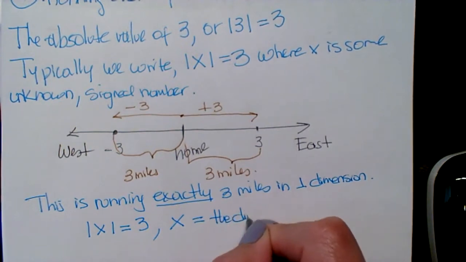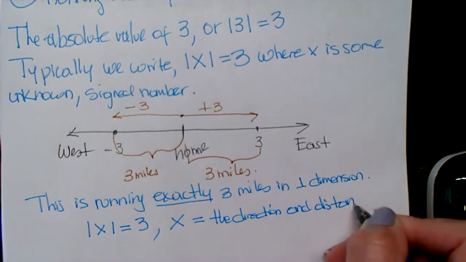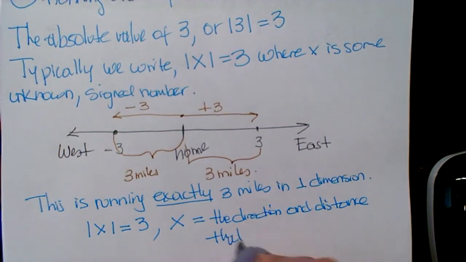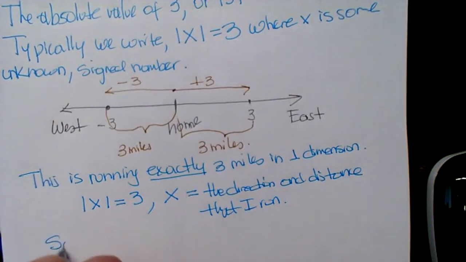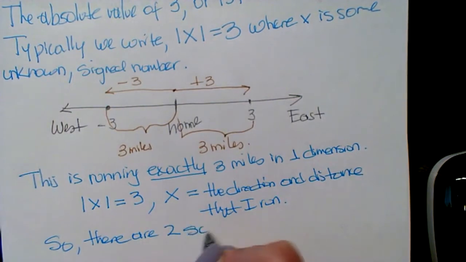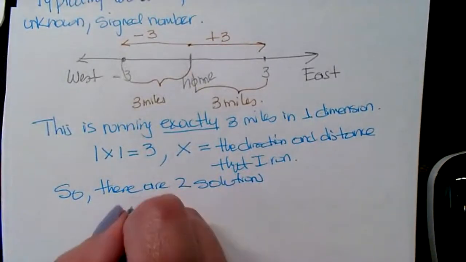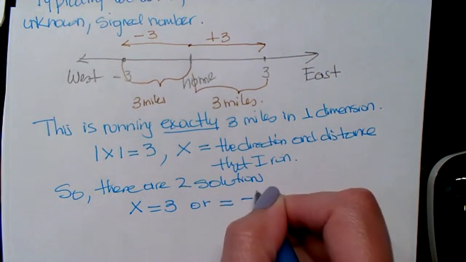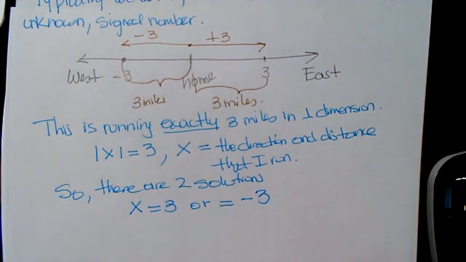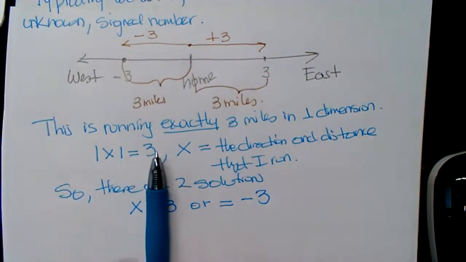Okay? So there are going to be 2 solutions. And the 2 solutions are x equal to 3 or x equal to negative 3, when we have absolute value of x equal to 3.